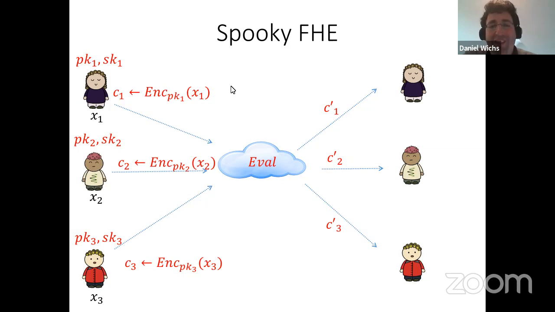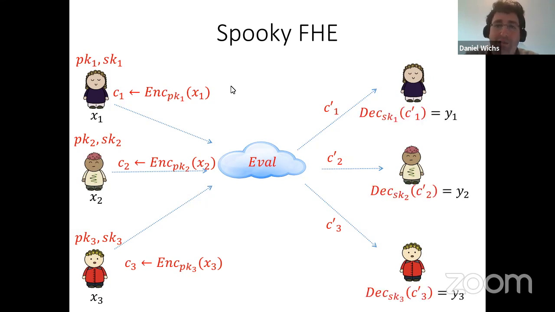It computes instead 3 individual ciphertexts, 1 for each of the users. And now each of the users decrypts their own ciphertext with their own secret keys and gets some values Y1, Y2, and Y3. Okay, so we start with some inputs X1, X2, X3. We encrypt them, we run it through some process, and then produce 3 output ciphertexts that are then decrypted to get these outputs Y1, Y2, Y3.